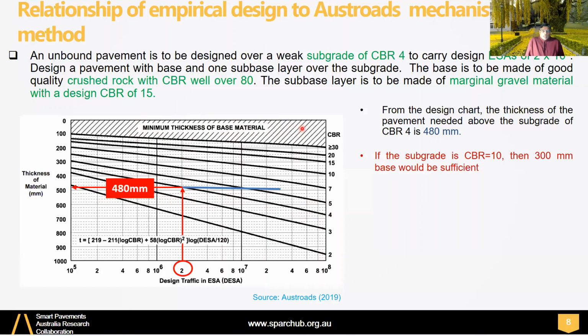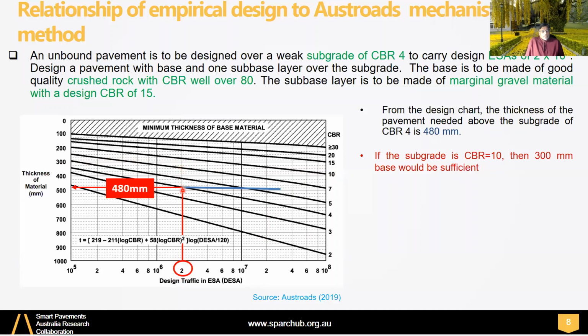So if the CBR value is 10, for example, for the subgrade, then you can go to the CBR 10 line and read off the value, and it will be 300 millimeters. So of course, the CBR value you select for the subgrade is very important for the pavement thickness.